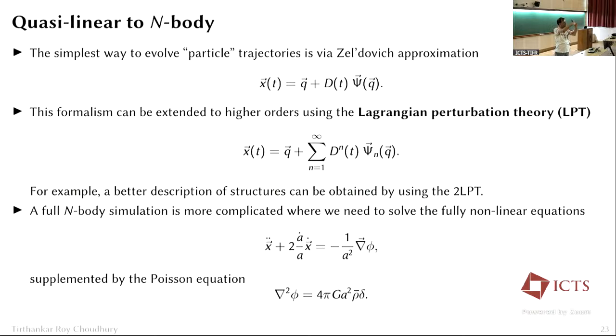Now, if that direction collapses first, you will form pancakes. So one direction has collapsed; it is a 2D structure. The probability of two directions collapsing simultaneously is slightly less. That will be filaments, this cylindrical thing. The probability of three directions collapsing almost at the same time will be the halos.